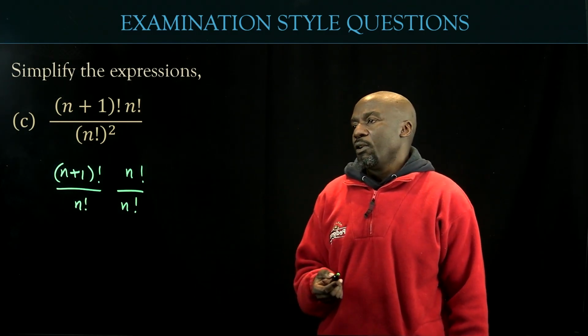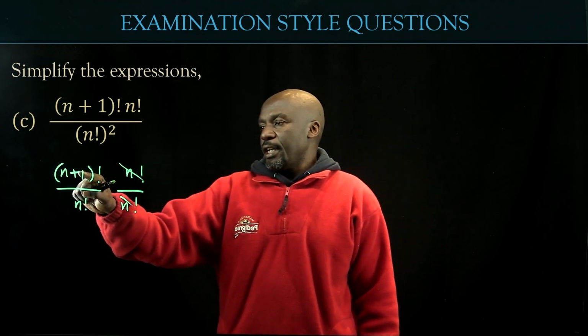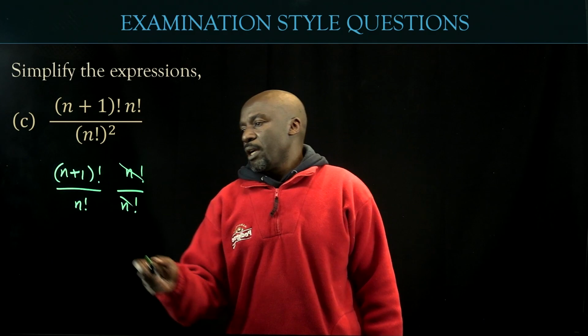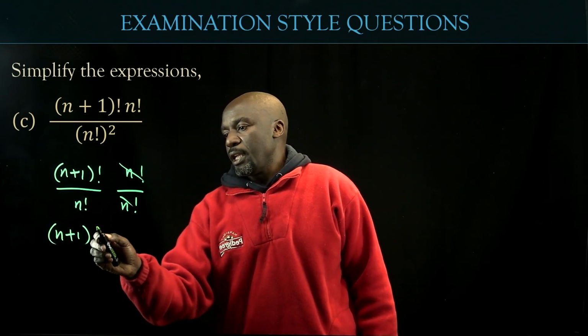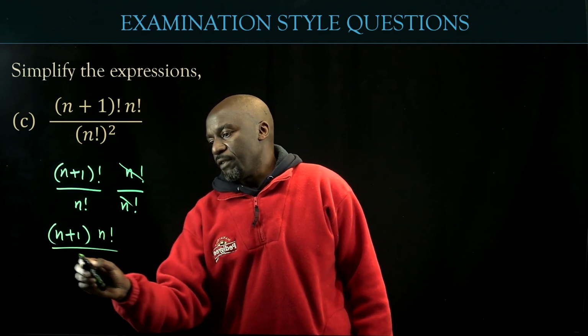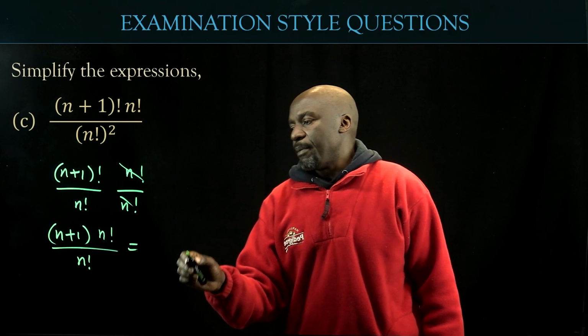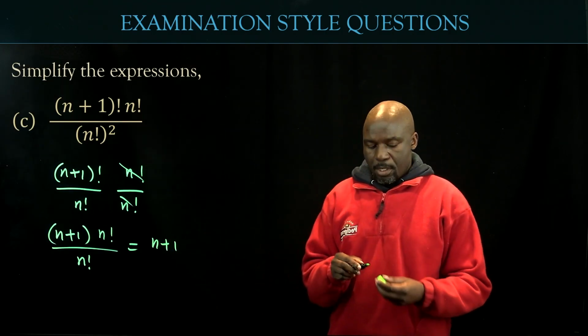Already I've gotten rid of one of the n factorials. Now the numerator is greater than the denominator, so I can write this as n plus 1 into n factorial, everything divided by n factorial, and my answer is simply n plus 1.